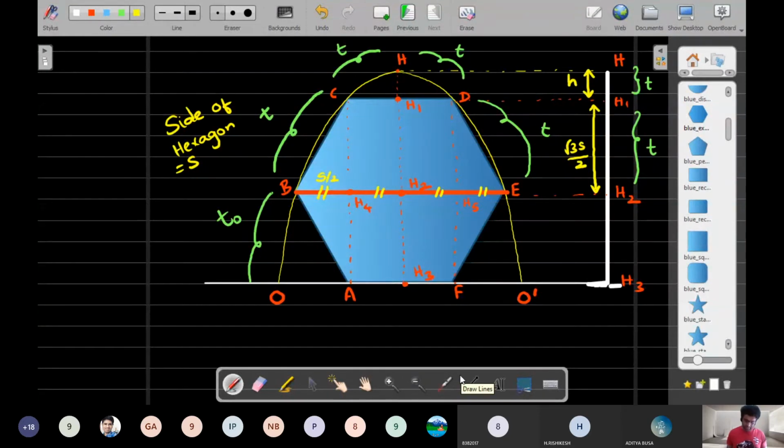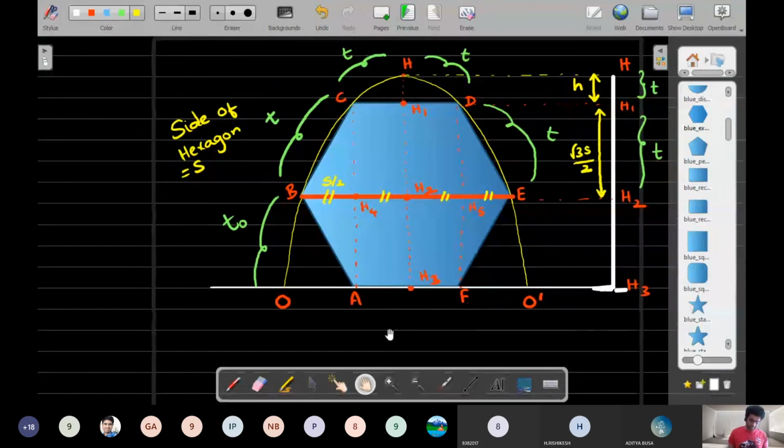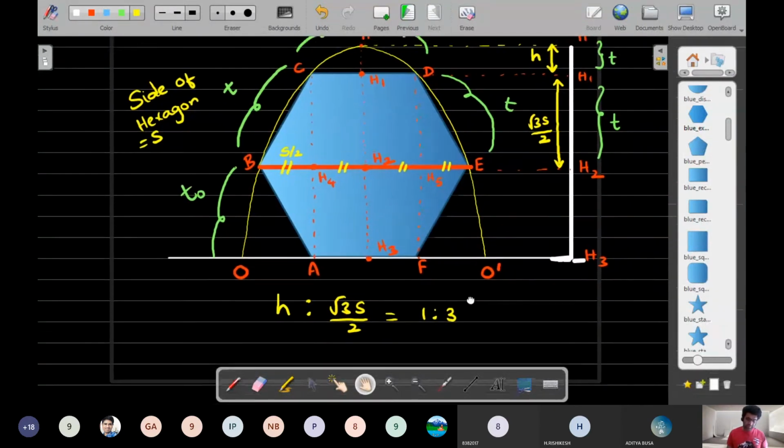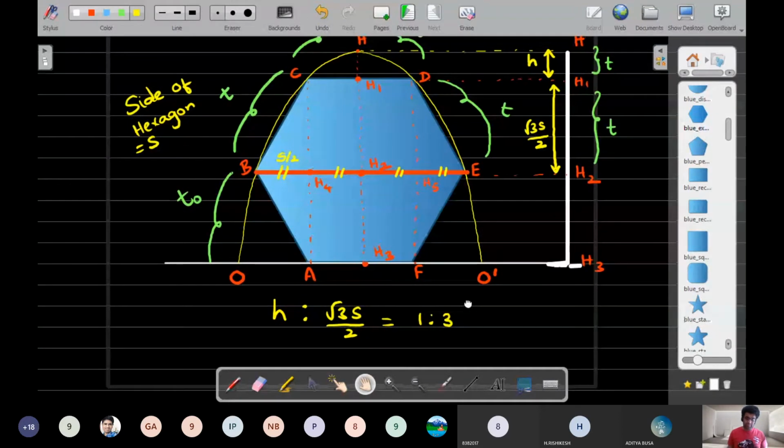Okay, right. I think now something is very clear here, that using Galileo's law of odd numbers, you remember if a particle is dropped from rest in equal intervals of time, it covers displacements in the ratio 1:3, if you remember, right? So using that law that we discovered last week, that 1:3:5 in equal intervals of time, the ratio of h to root 3 s by 2 should be 1:3.